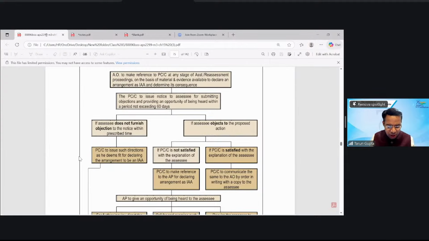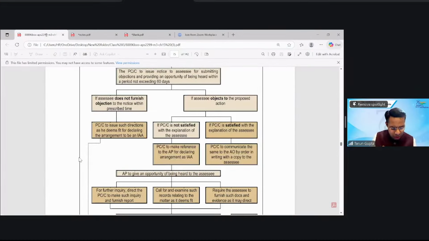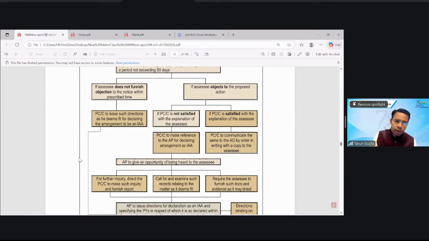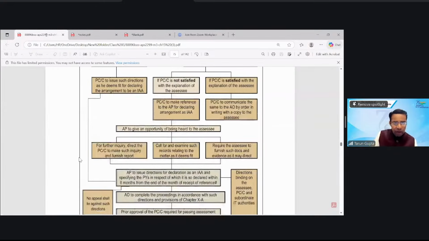The commissioner shall issue notice to the assessee for submitting objections and provide an opportunity of being heard for a period not exceeding 60 days. If the assessee does not furnish the response, the commissioner issues a direction as he deems fit for declaring the arrangement to be IAA and refers the matter to the approving panel.